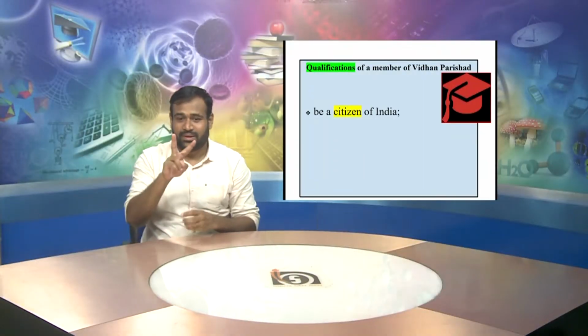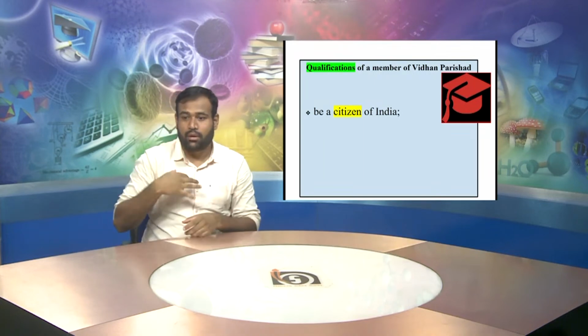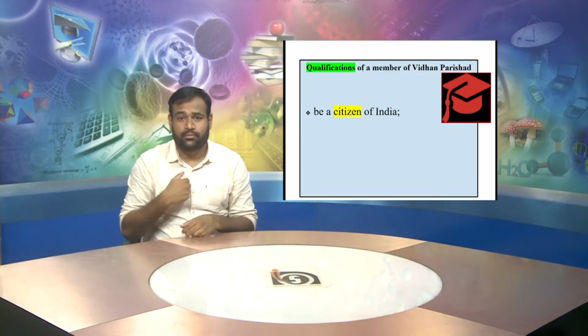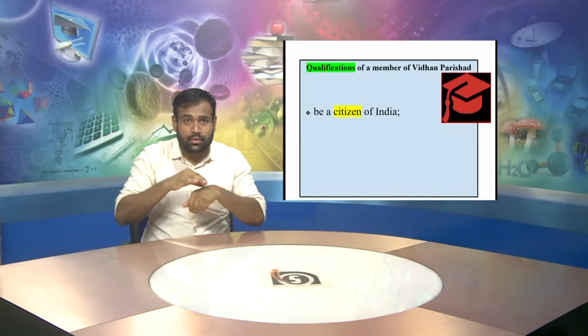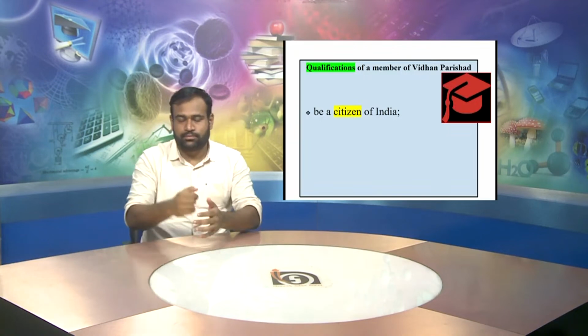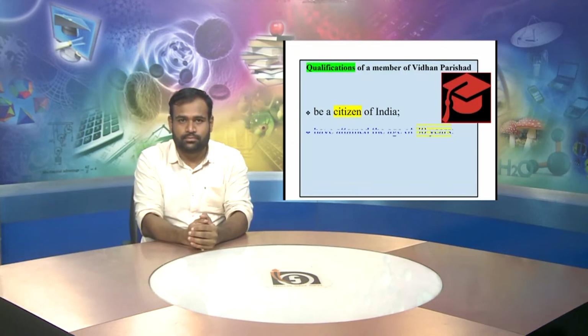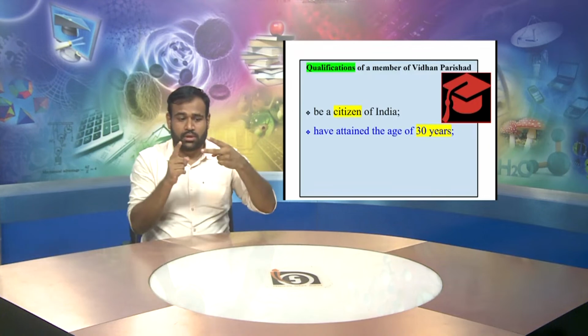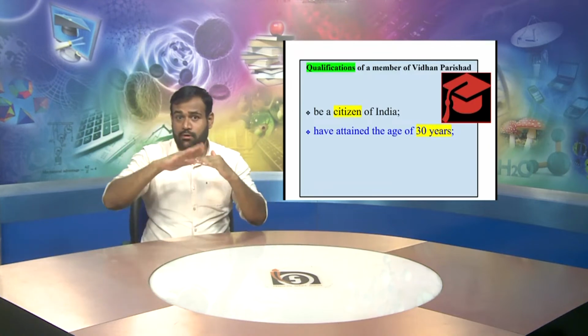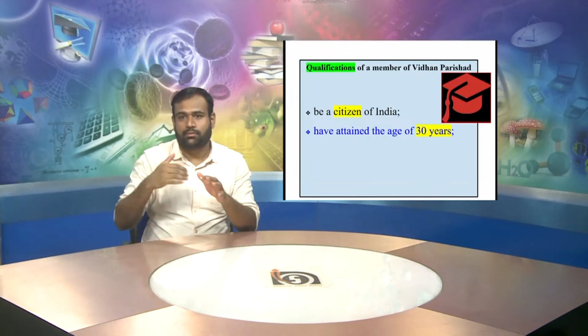Let us continue. We were discussing the Vidhan Parishad. Let us now understand the qualification of a member of the Vidhan Parishad. In order to be a member of the Legislative Council, the person needs to be a citizen of India.